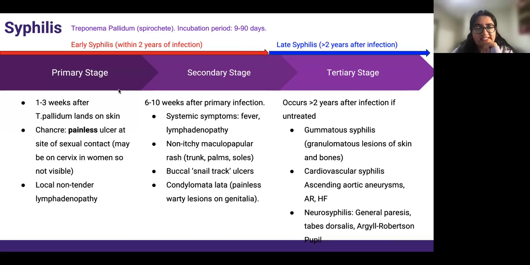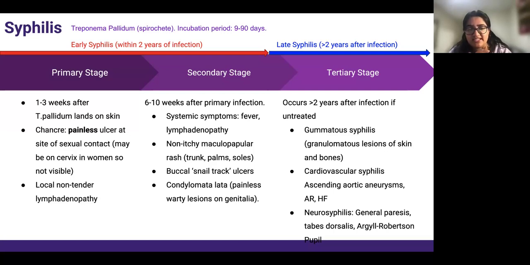In its primary stage, which happens about 1 to 3 weeks after the bacteria lands on skin, it can cause a painless ulcer at the site of sexual contact, or at the site of whatever contact they had. So it doesn't necessarily have to be in a genital area. It could also be around the mouth, for example. And along with this, there would be local non-tender lymphadenopathy.